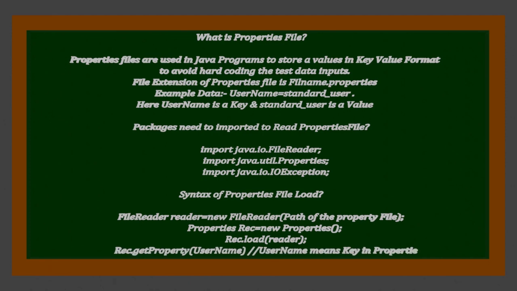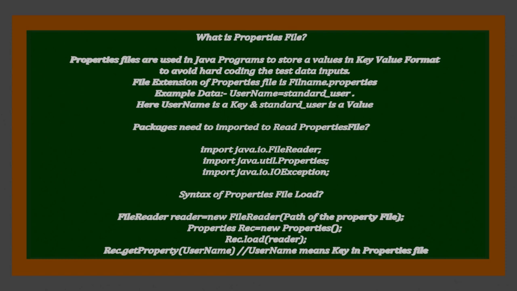What is key value format? The first value which you put in the property file will be your key. It's similar to an array list. So the first value will be the key, equal to whatever value you are passing. Usually this file can have any name you give, but the extension is dot properties.